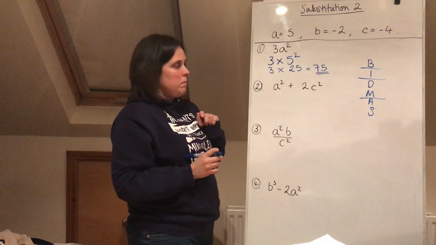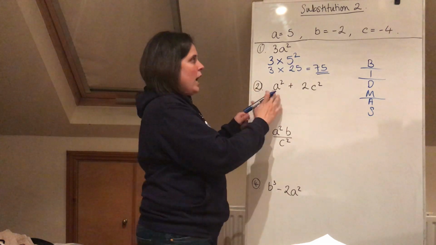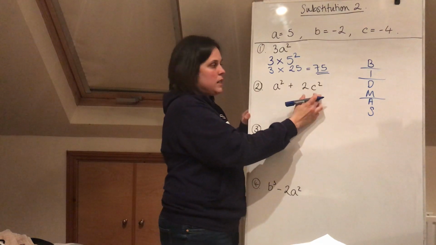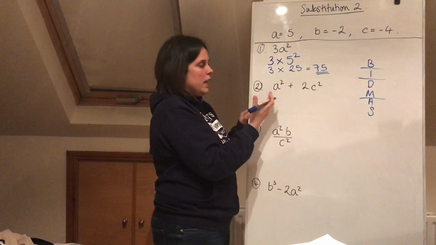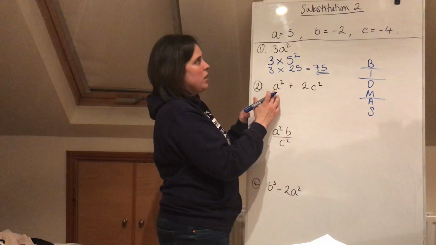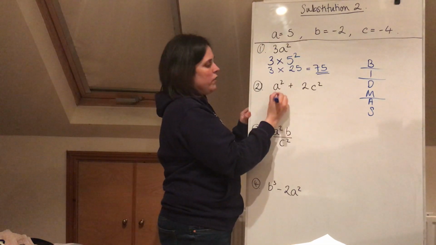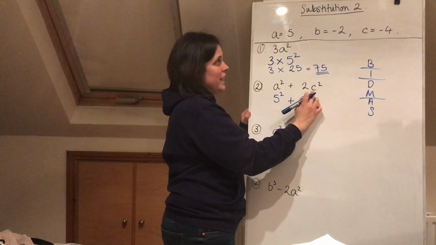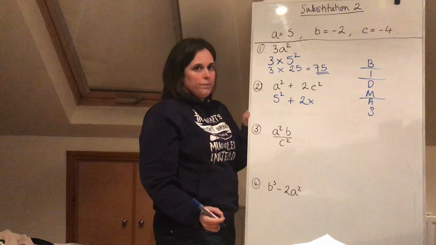So next one, similar kind of thing, we've got a squared plus 2c squared. Remember that means 2 times c squared, and we just replace the letters with numbers. So a is 5, so we're going to write 5 squared plus 2 times, now c is negative 4.